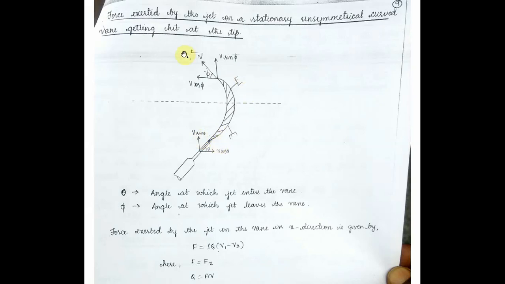So this is at the entrance and this is at the exit, with v sin theta at the entrance and v sin phi at the exit. At the entrance I will take theta, at the exit I will call it phi.